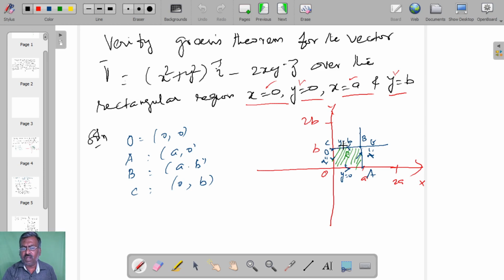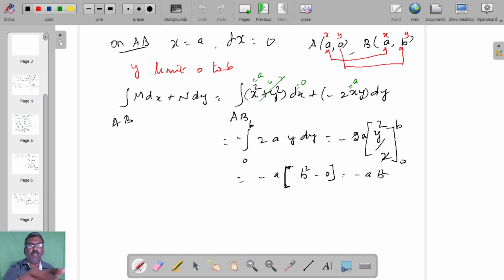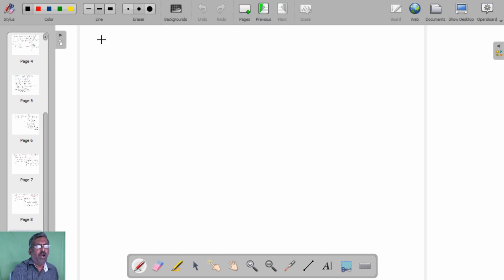So along BC, y equal to b. Now differentiate on both sides. So dy equal to 0.